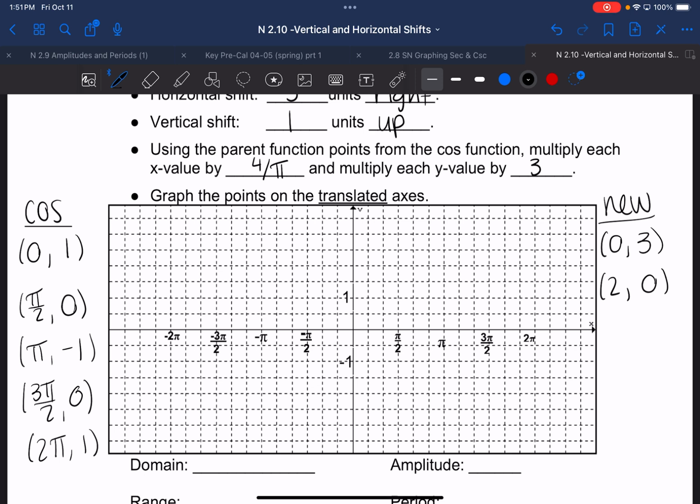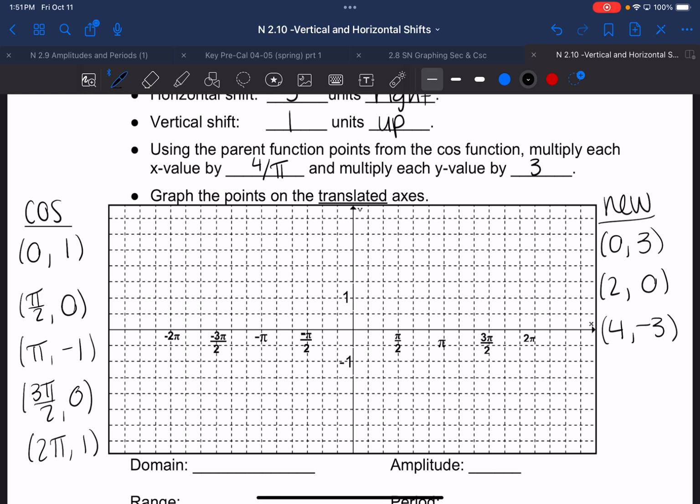Pi times 4 over pi. Well, again, the pi's are going to cancel out, so what's left? 4. And then negative 1 times 3? Negative 3. Okay? Then 3 pi halves times 4 over pi. Again, my pi's cancel out. What are we left with? 6, right? Because we'll have 4 times 3 in the top, which is 12, over 2.